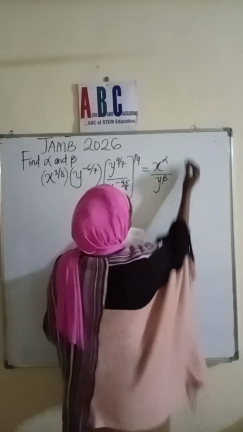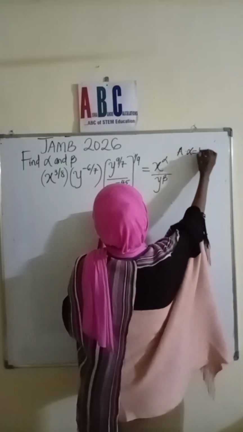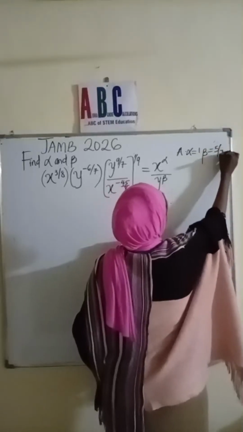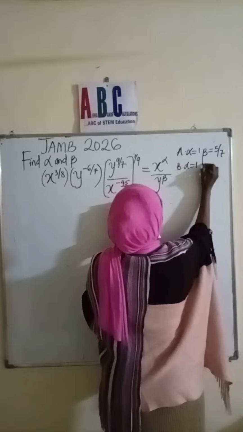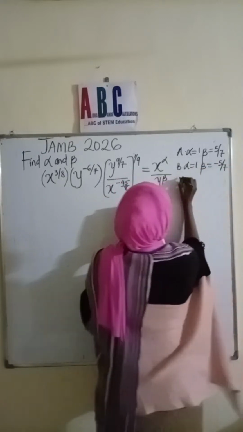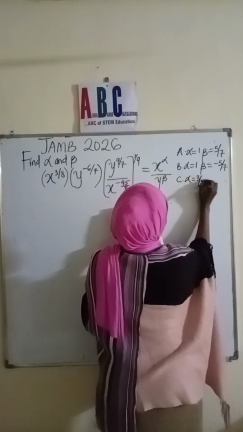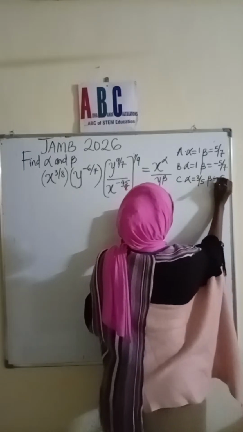Option A, alpha equals 1 and beta equals 5/7. Option B, alpha is equal to 1, beta is equal to minus 5/7. Option C, alpha is equal to 3/5 and beta is equal to minus 6, right?